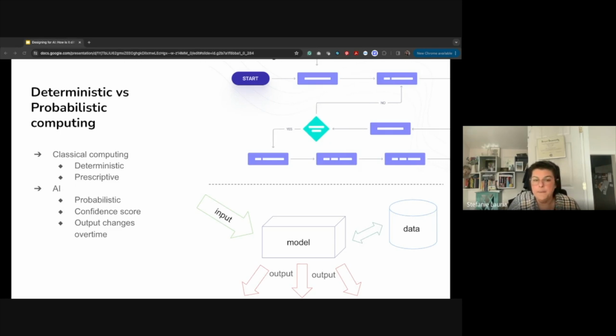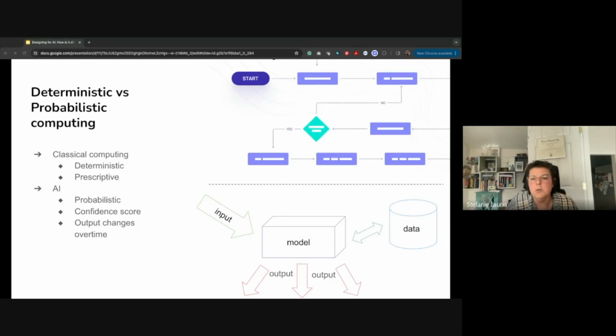With AI, it's collecting data from the real world, right? We create an AI model with training data, and then the AI model is going to use the live data that it is receiving constantly, day to day, to make better decisions. What it's going to do is give you a confidence score, or it's going to give you a prediction.